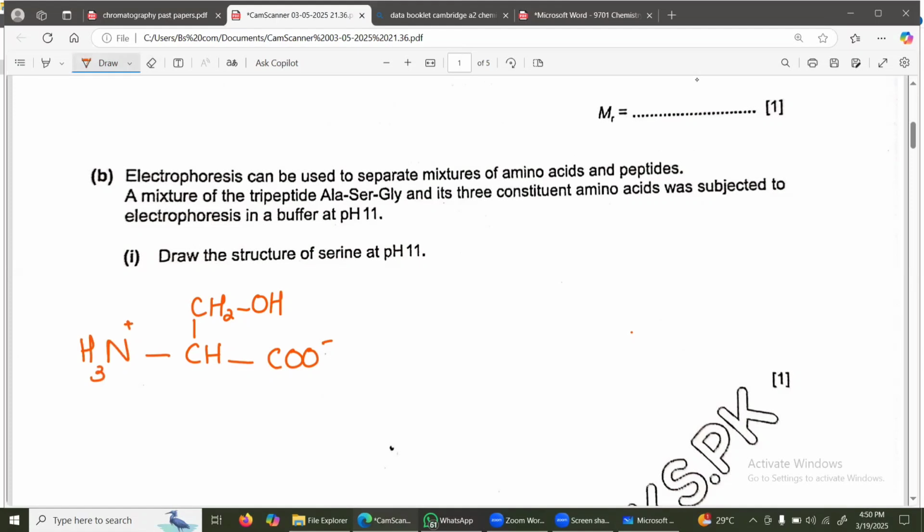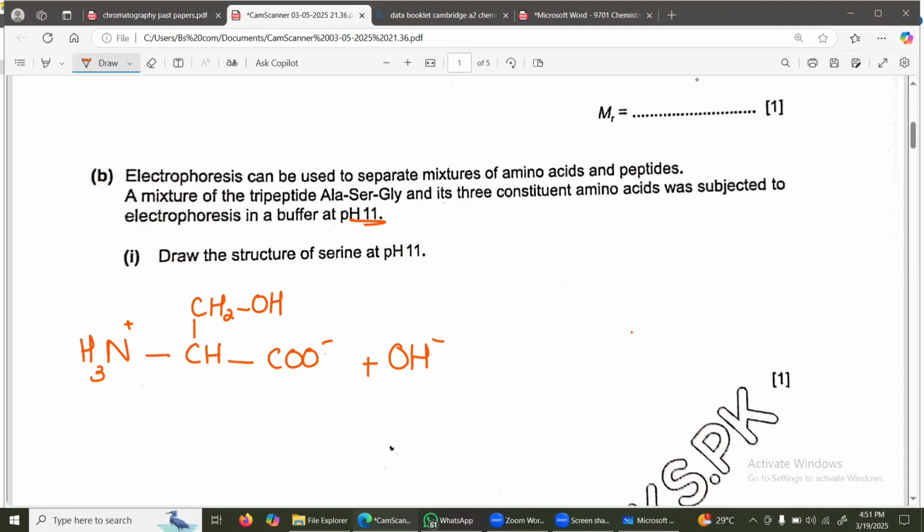NH3 positive. So if I add it in some basic medium, its pH is 11. Obviously, it is basic pH, so it means that there will be a higher concentration of OH negative over here. And what's the function of a base? It abstracts the proton. So from where can it take the proton? Obviously, from NH3 positive.